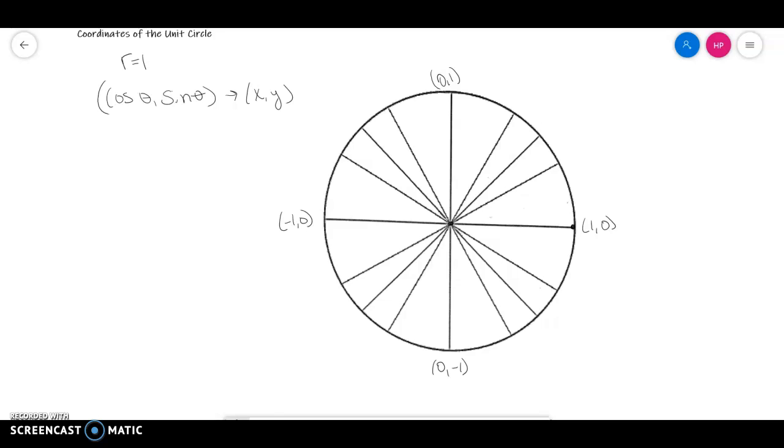When I think of my special right triangle here, up and down and back over, this is a 45, 45, 90 triangle, which means it's an isosceles right triangle. These values are the same. And that 45 would be my angle at the origin, essentially.